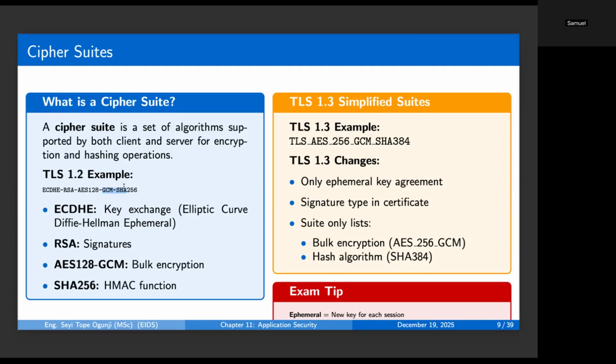Okay. So again, let me talk about ECDHE. That is elliptic curve Diffie-Hellman ephemeral. Diffie-Hellman are two guys, two of the people who invented this key.